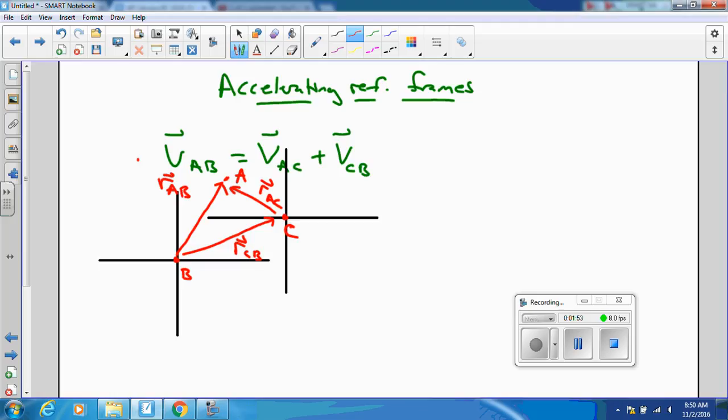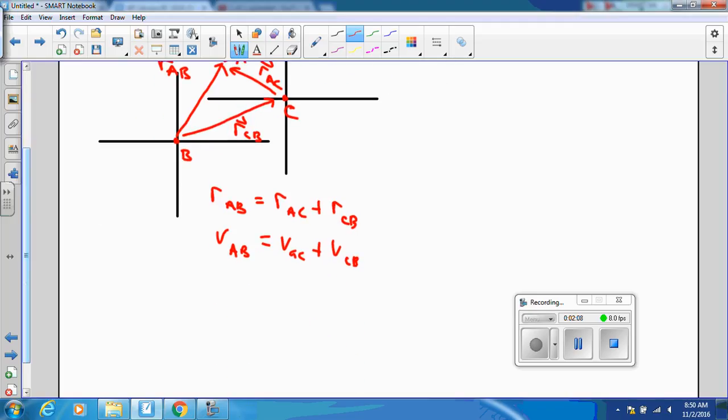And if I now take derivatives, then I get the velocity of AB is equal to the velocity of AC plus the velocity of CB. And if I take derivatives here, then I get the acceleration. Likewise follows the same pattern.